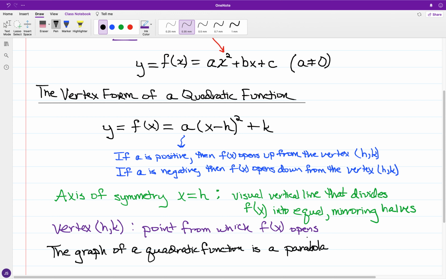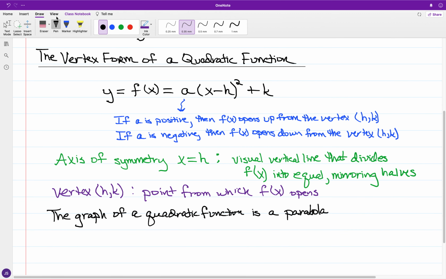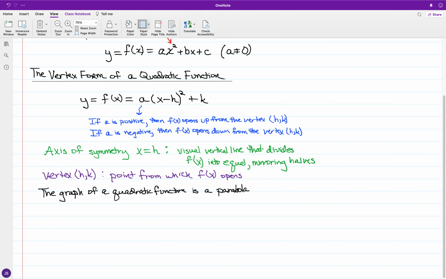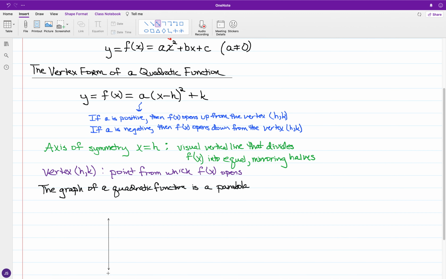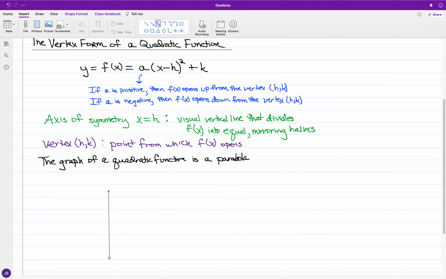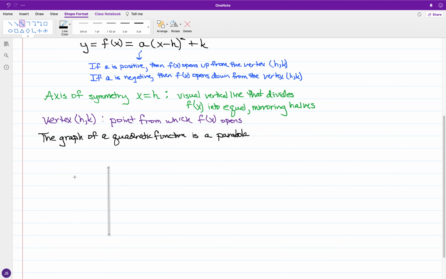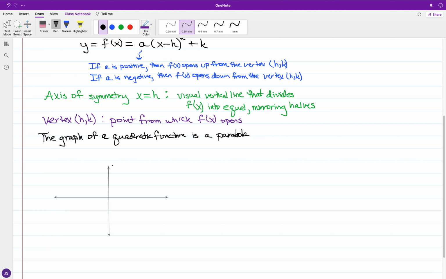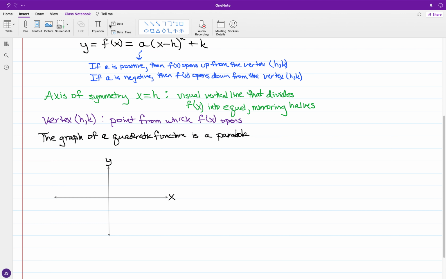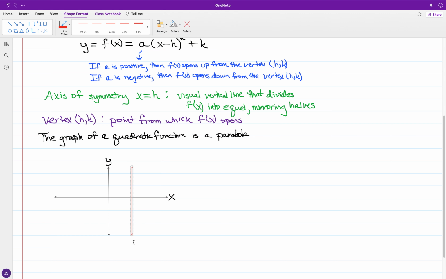And just kind of drawing out some of the general cases, a quick overview, with a little bit of a quick sketch.